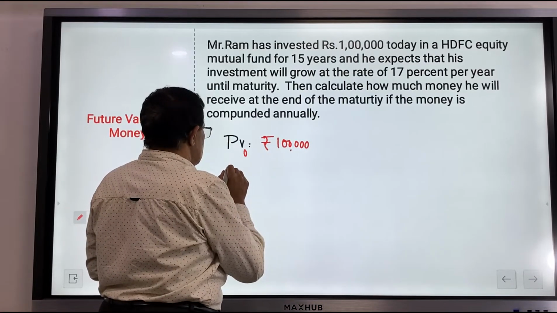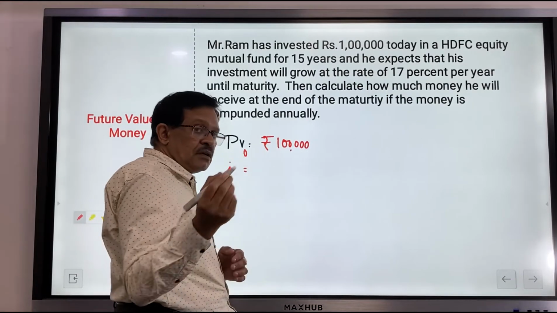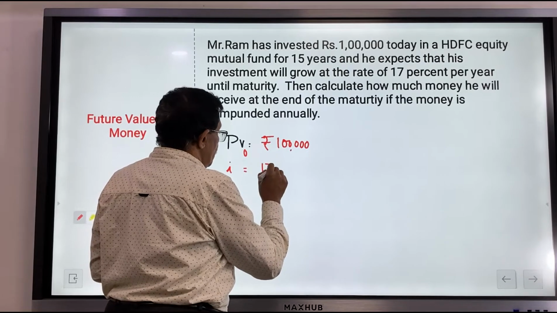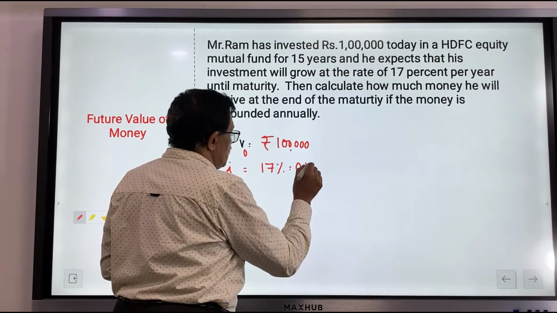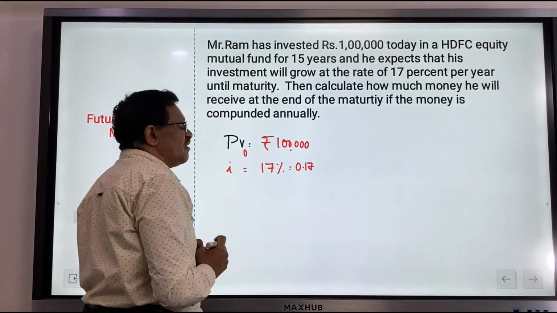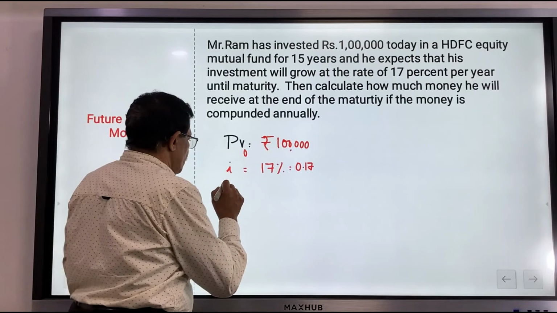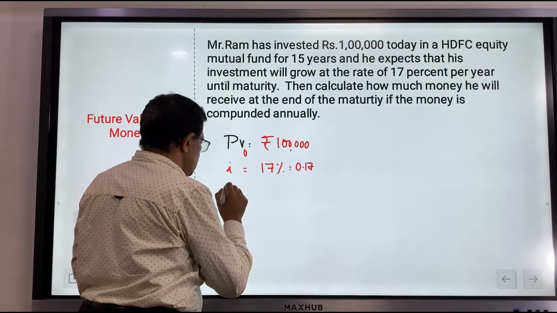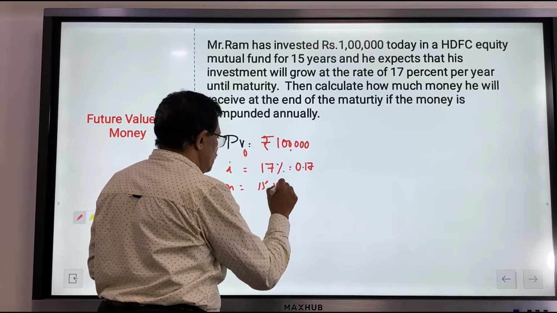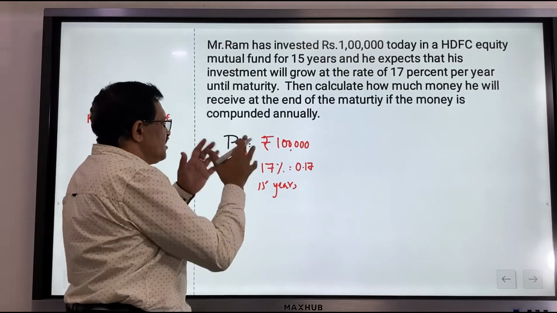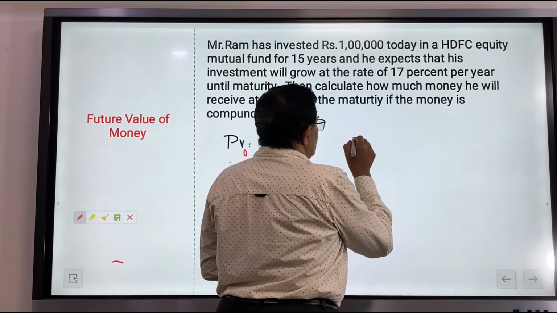He has invested at the rate of 17%, or he is expecting 17% from his investment, which can be written as 0.17 because it is 17 divided by 100. Then he has invested for 15 long years, so N will be equivalent to 15 years. So this is the information. So we can compute the future value.